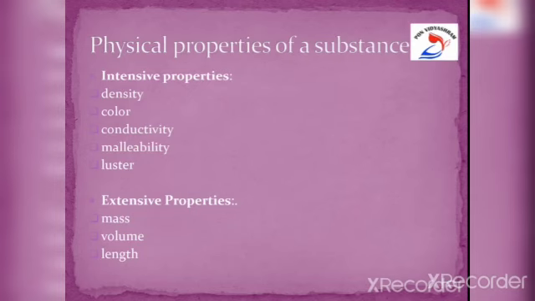The physical properties of a substance are categorized into two main types: intensive properties and extensive properties. So, the density, color, conductivity, malleability, lusterousness, these all come under the intensive properties. Extensive properties are mass, volume and length.